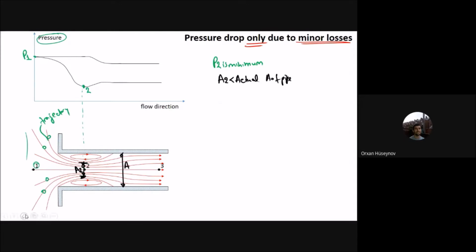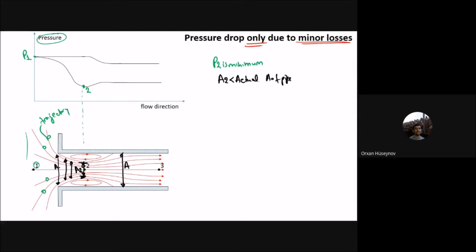The area of the fluid particles traveling at this location was an area of this part, but when you move to another location, this area is that amount. Okay. And then you have this amount of area. So the area changes.